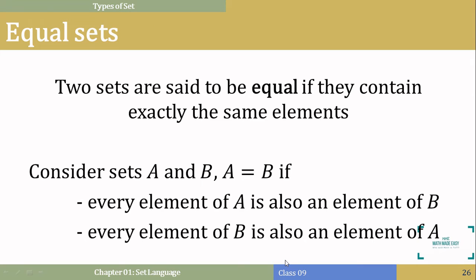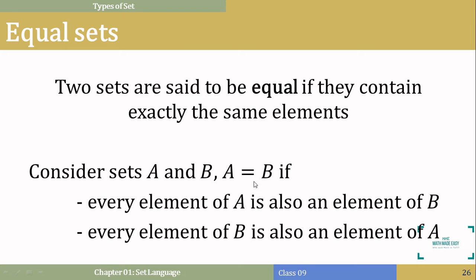The next set which we are going to discuss is equal set. Two sets are said to be equal if they contain exactly the same elements. That is, when an equivalent set contains the same elements, those are equal sets. Let's define it in another way too.